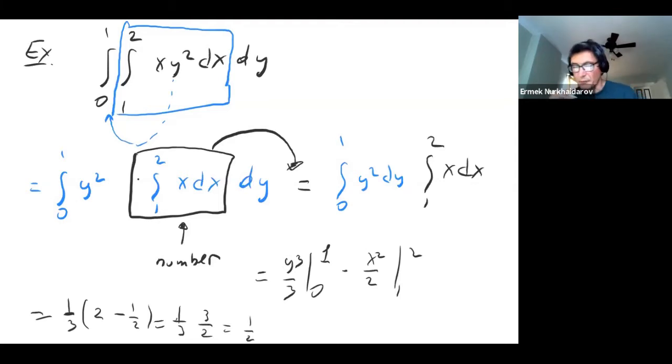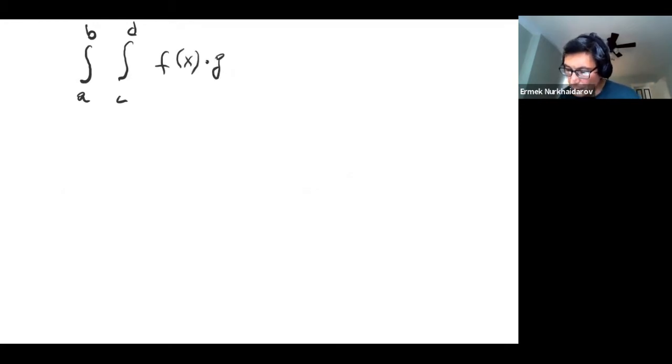In general, exactly the same thing will be happening. So now let me draw the general setup. Here we have an integral from a to b, c to d, and our function is a product of an expression in terms of x and an expression in terms of y.